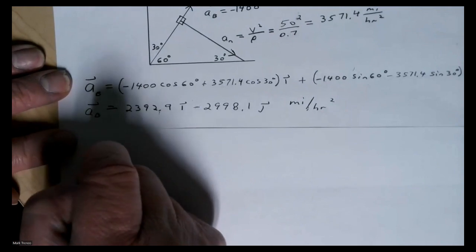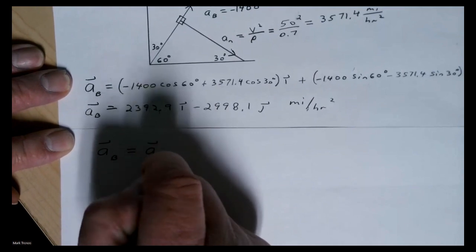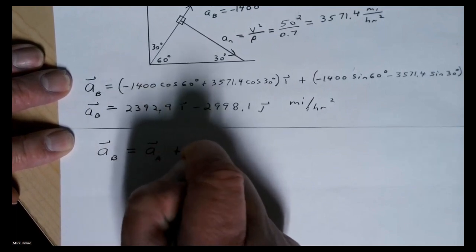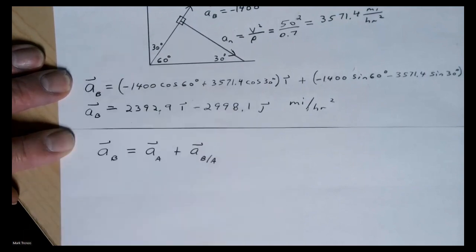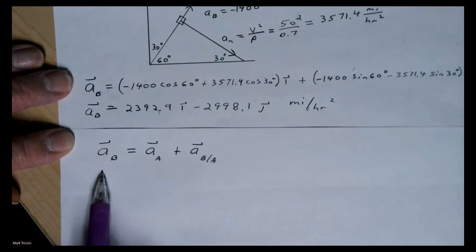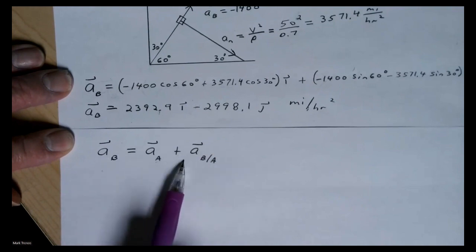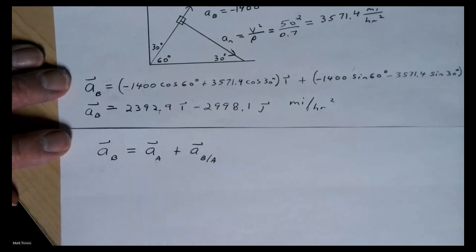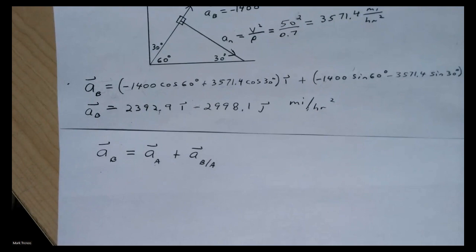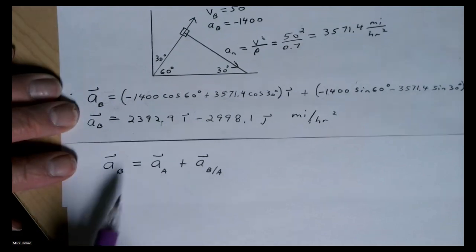And so the acceleration, and remember, to do that, we have to use this equation. Remember, if we need B relative to A, we have to set up the one that says acceleration of B equals acceleration of A plus acceleration of B with respect to A. And so now let's put everything into our equation.